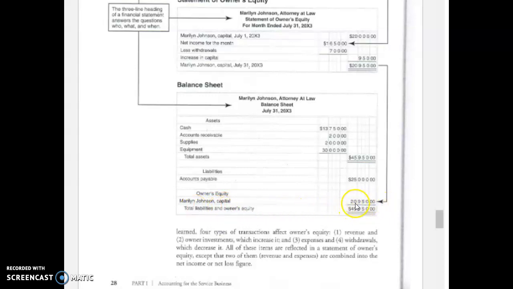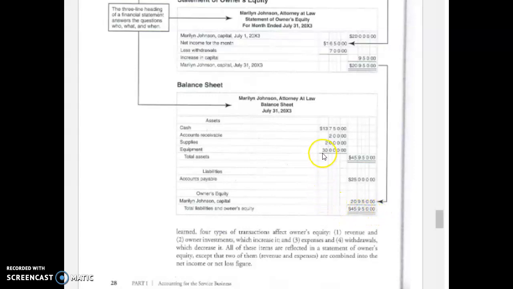And notice this amount is the same as this one here. That's why you do the statement of owner's equity before you prepare the balance sheet. So then you're going to add liabilities and owner's equity together, and you get this number. Again, you're going to double underline because that is the final number.